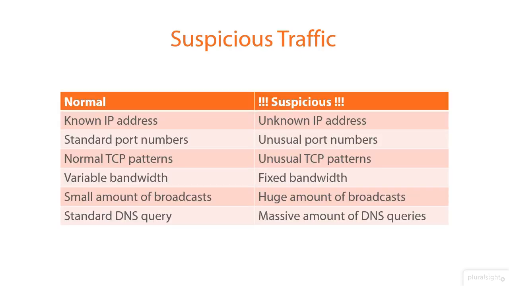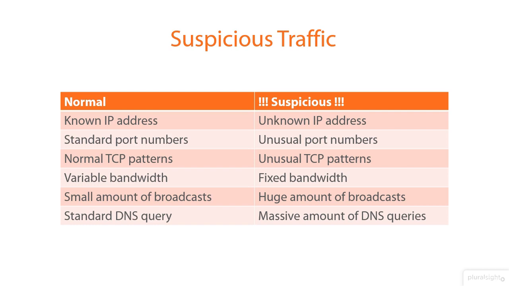When you monitor internal traffic in your organization, you should be able to differentiate between normal traffic and a suspicious one. Here are some practical examples. Traffic from known addresses is normal traffic, but you should be careful when the traffic is coming from addresses that you don't know, right?